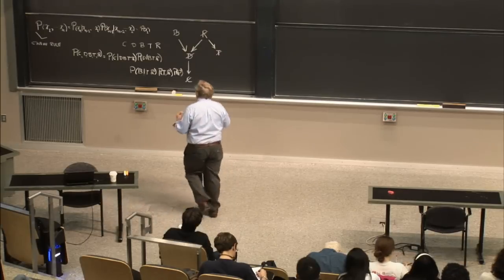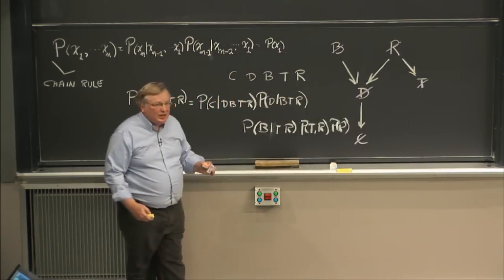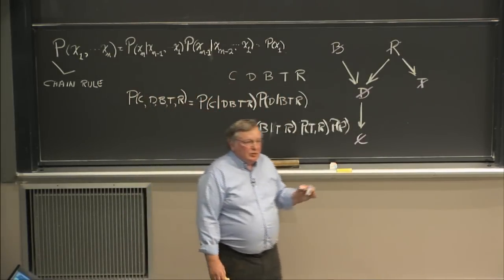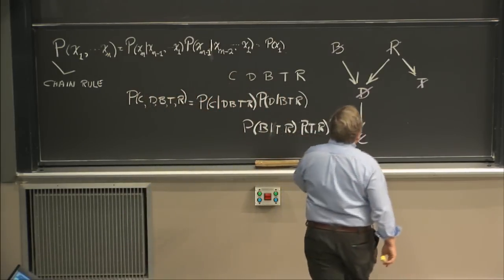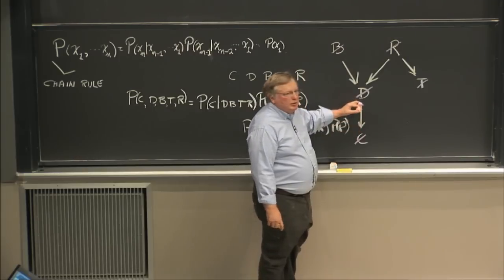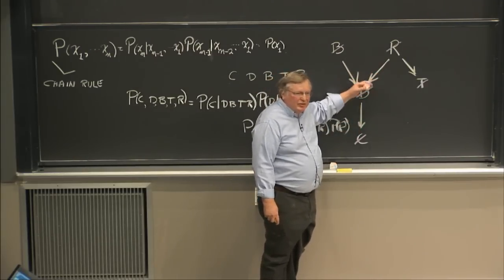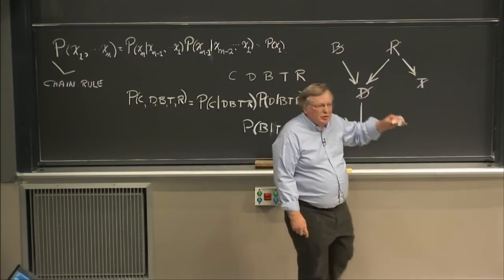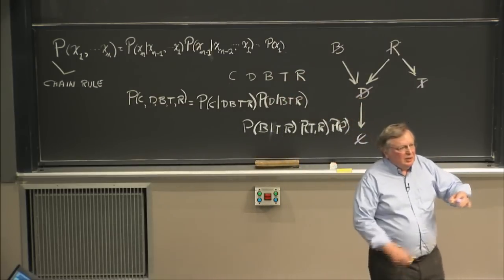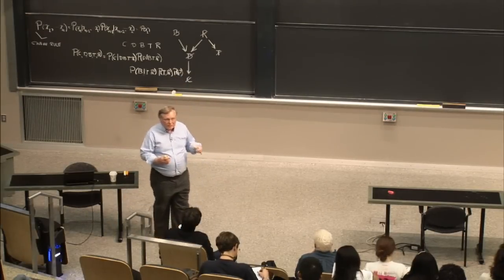So all of these variables in any of these conditional probabilities are non-descendants. But wait, when I drew this diagram, I asserted that no variable depends on any non-descendant given its parents. So if I know the parents of a variable, I know that the variable is independent of all other non-descendants.